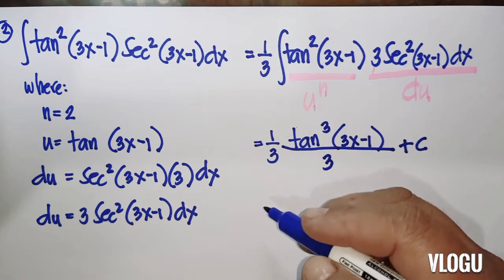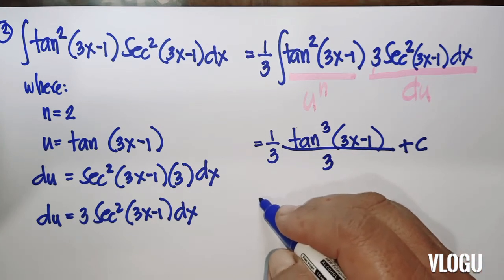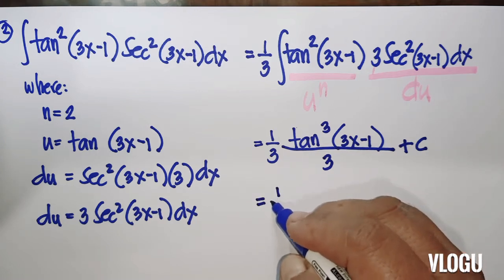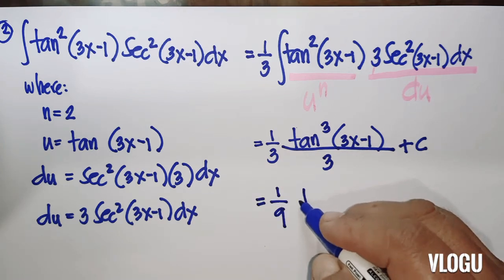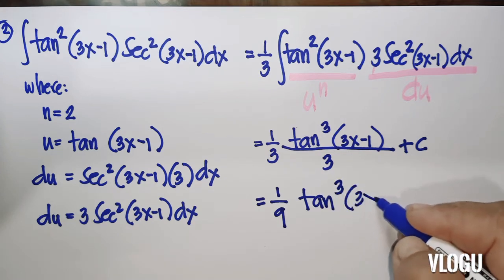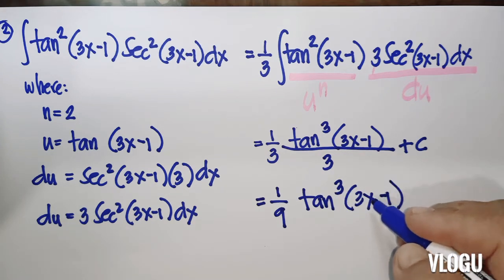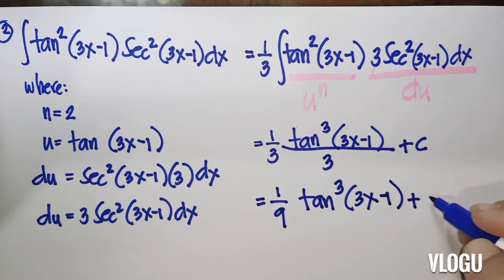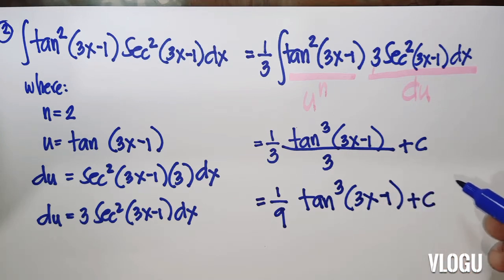So therefore you will have 1 over 9 tangent cubed (3x minus 1) plus c. So this is now our final answer.